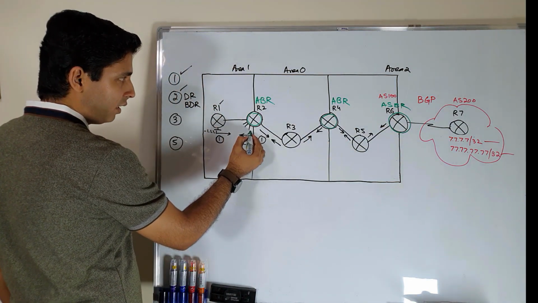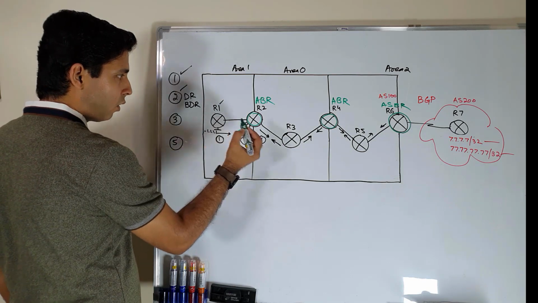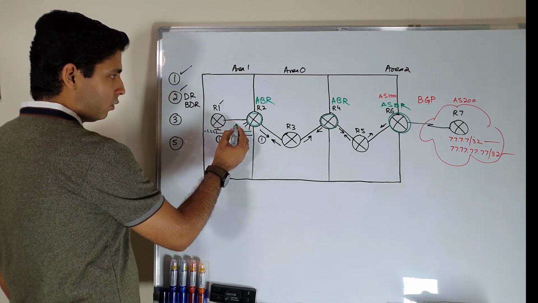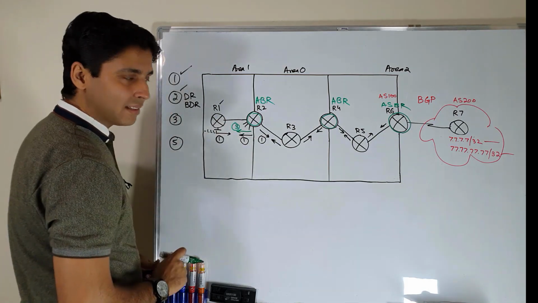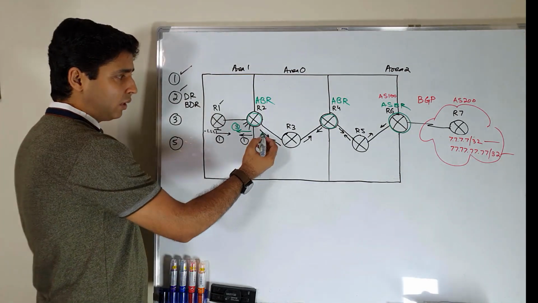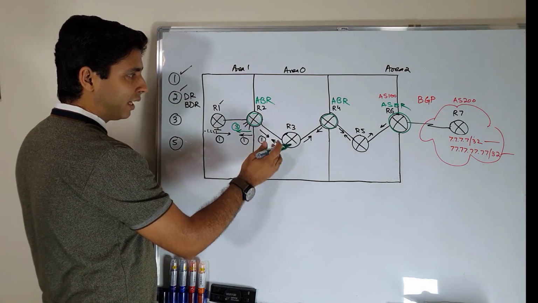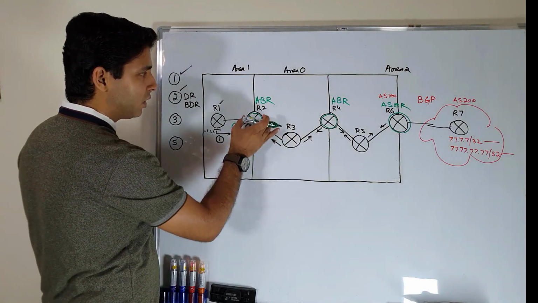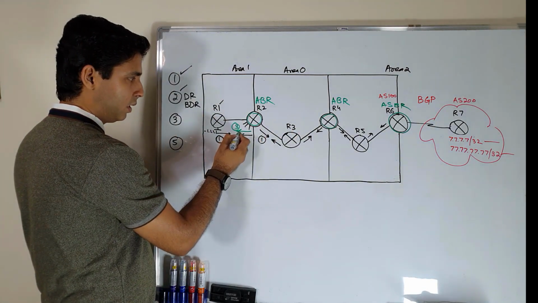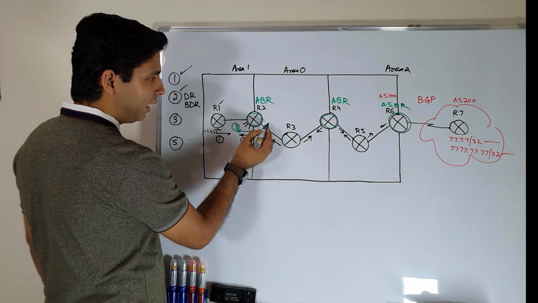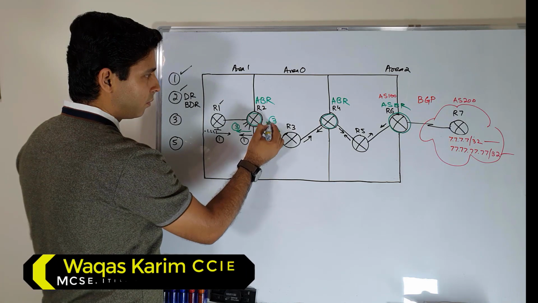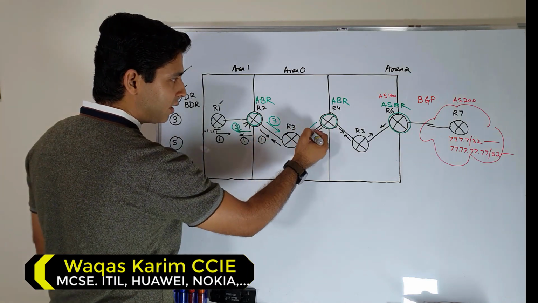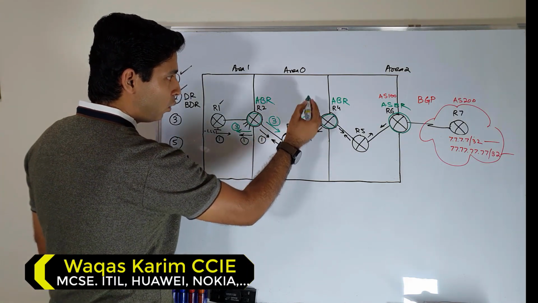LSA3 is generated by an ABR only, towards all the routers. What will this LSA3 contain? LSA3 will contain all the networks, all the information about the other area which it has received. Similarly, it will generate an LSA3 towards area 0. This ABR will generate an LSA3 towards area 1.